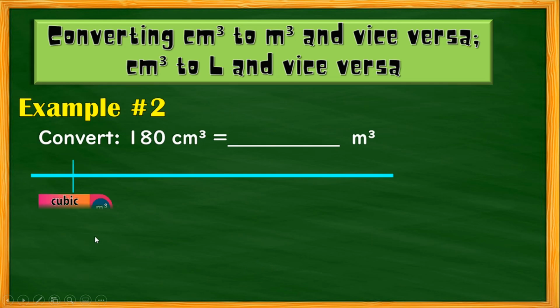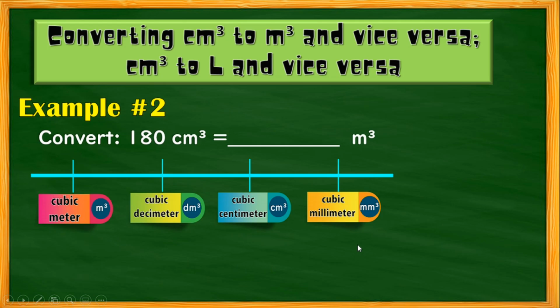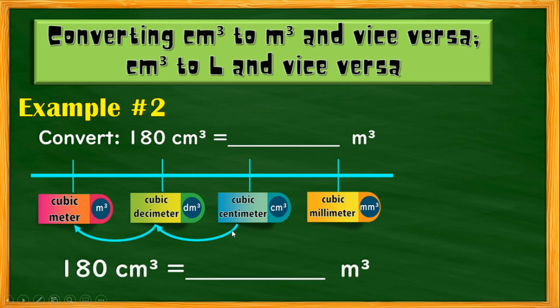So this would be cubic meter, decimeter, centimeter, and millimeter. So centimeter going to meter, we have 1, 2 again. So we have 2 movements going to the left. So 2 multiplied by 3, because it is in cubic. So we have 6 movements.